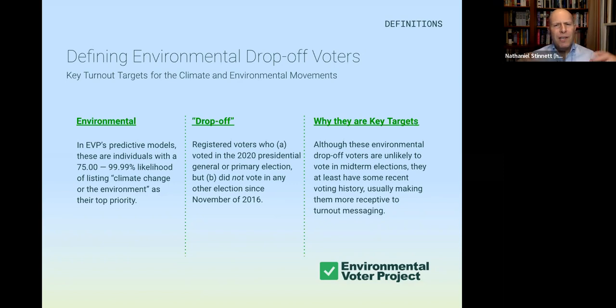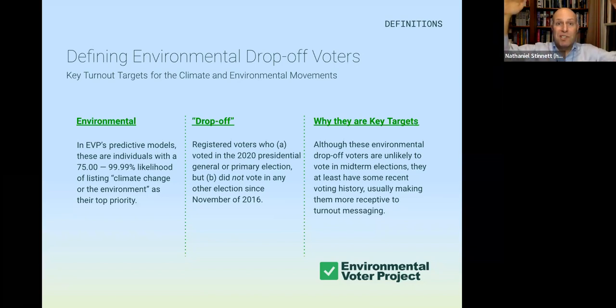So why are we focusing on these people in particular? Because at the Environmental Voter Project, we actually target many more people than this. We target all environmentalists who are unlikely to vote. But these drop-off voters are particularly important because they at least have some recent experience voting.